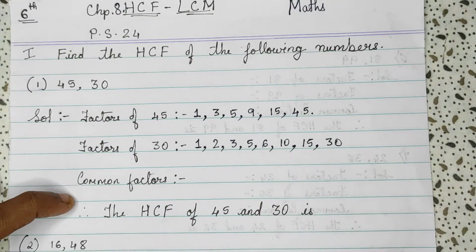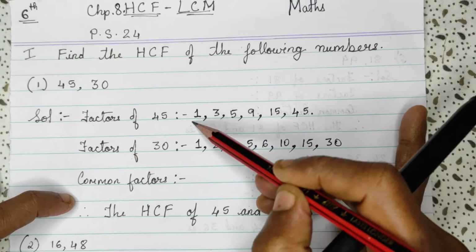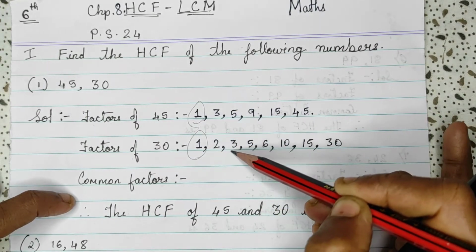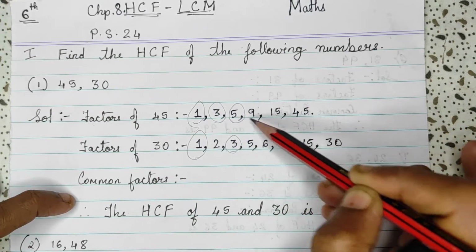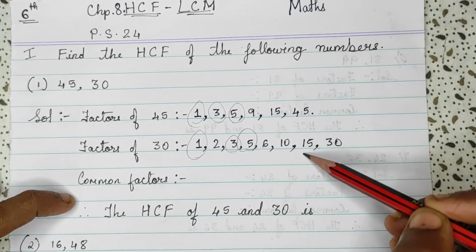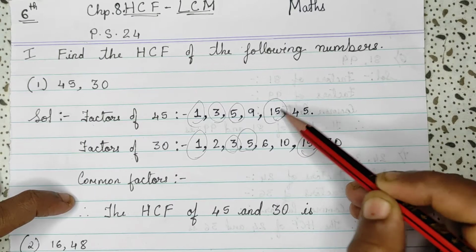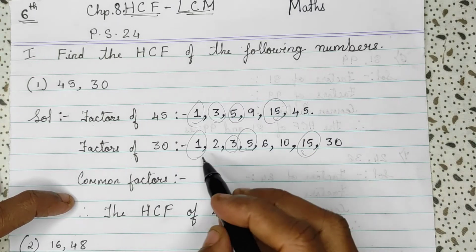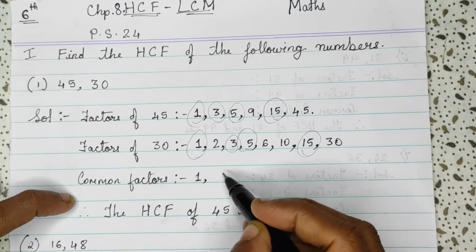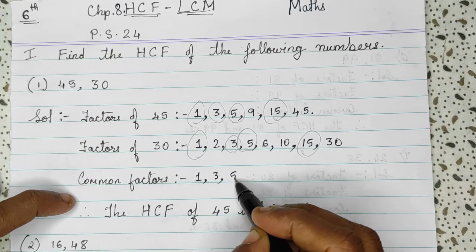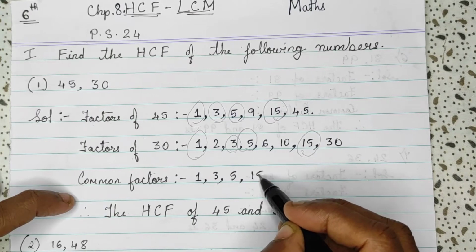Which are the common factors? 1, 3, 5 and 15. So common factors are 1, 3, 5, 15.